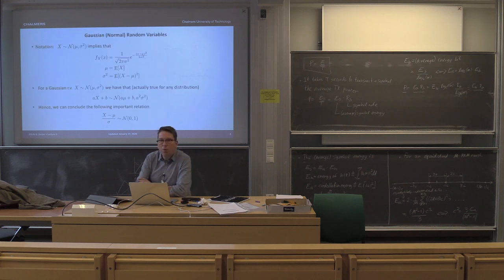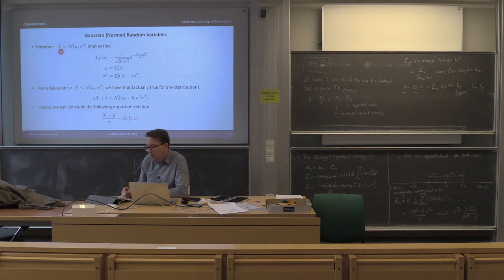One more thing before we can compute the error probability, and that has to do with Gaussian random variables. This is also a review, so hopefully you know this material already, but there is some notation that needs to be fixed here. So if we say that x is distributed as N of mu, sigma squared, what does this mean?